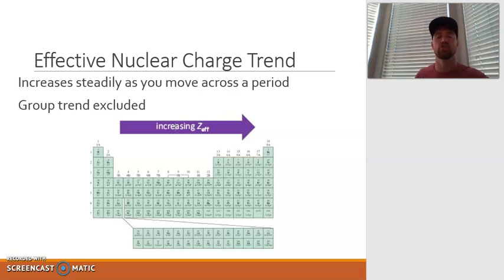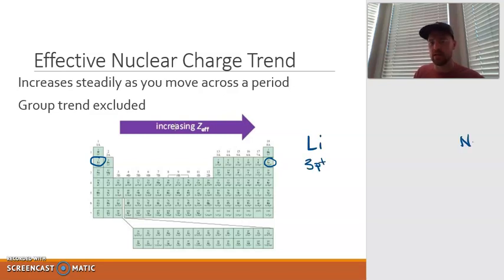If we look at the periodic table and want to look at the pattern and trend of effective nuclear charge, we would notice that effective nuclear charge increases as you move from left to right. But why is that? Well, let's consider two elements. Let's look at lithium compared to neon. They're in the same period, but one's on the left side, one's on the right side. Lithium has 3 protons.